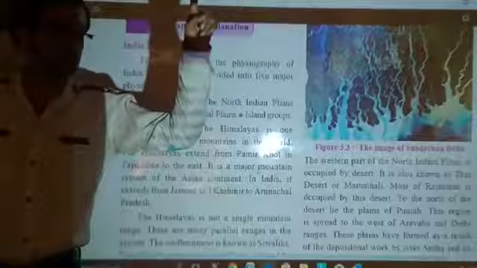From Pamir North, the Himalayan range of mountains originates and ends in Arunachal Pradesh, northeast. So you can see how vast an area they cover, from Pamir North in Tajikistan, which is not in India, an independent country.